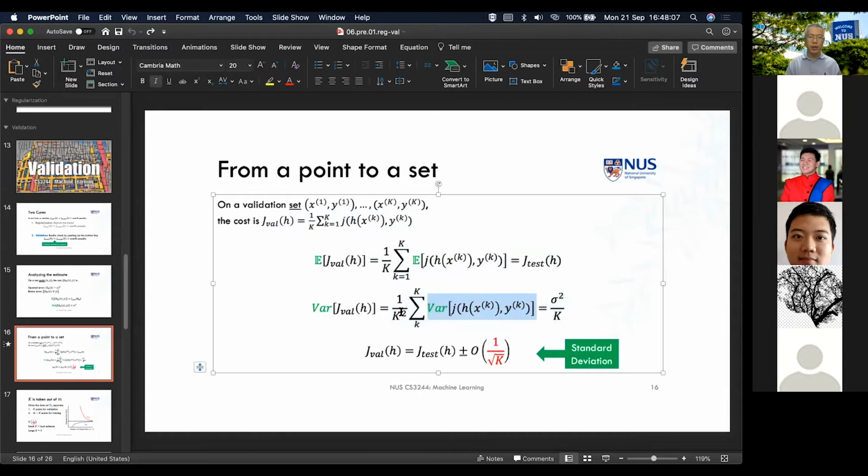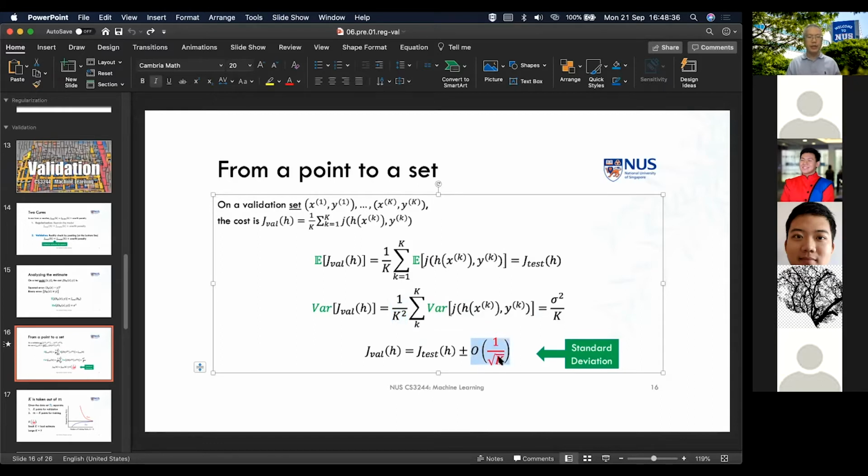And because we have 2 sets of variables, a point and another point here, we are going to get a matrix of correlation terms as well. Those correlation terms are all 0 because they're all independent of each other. So we get a savings. 1 factor of 1 over k goes away, and then we're left with this.